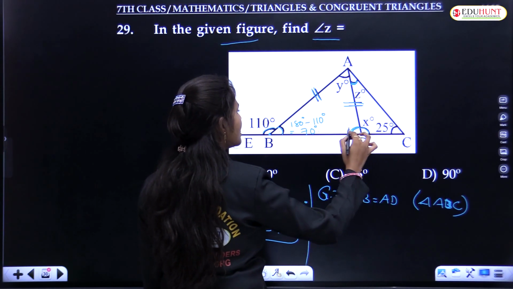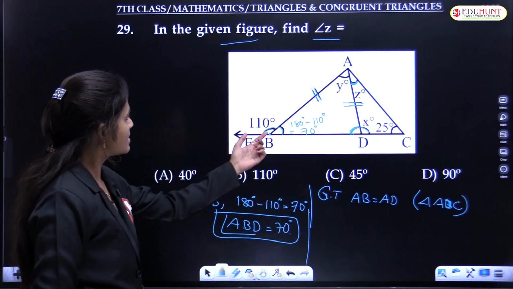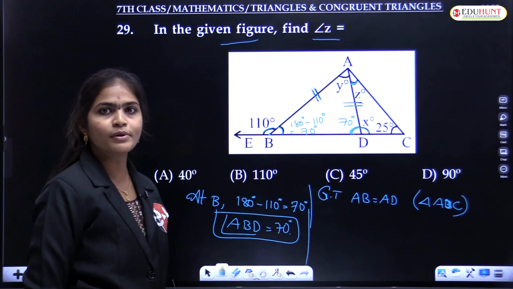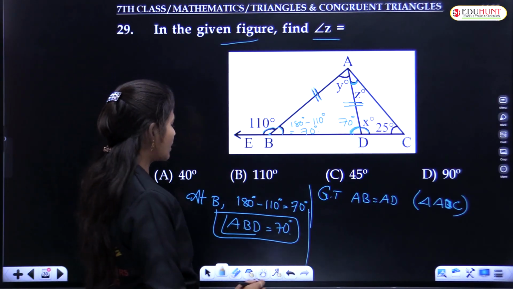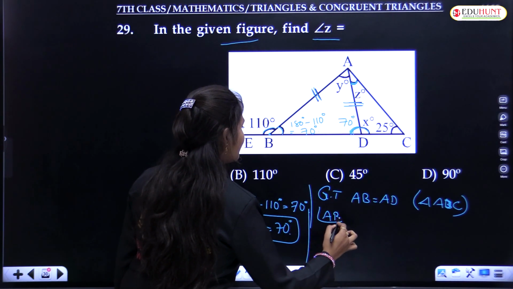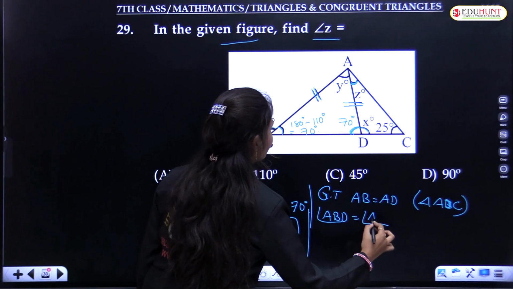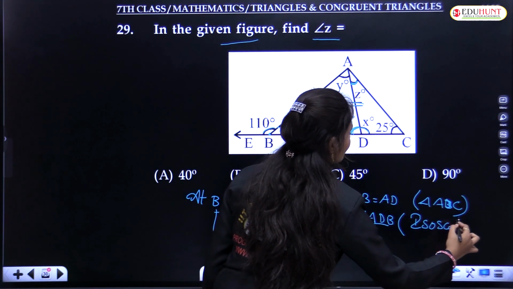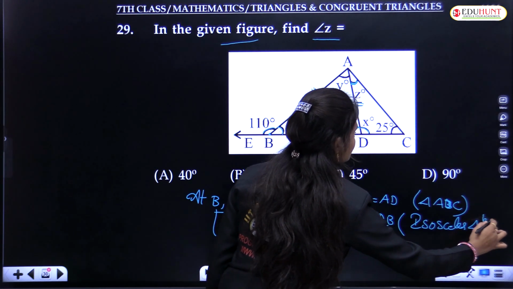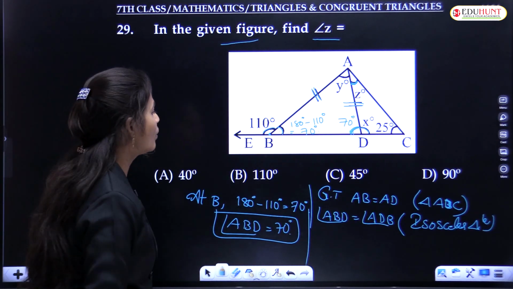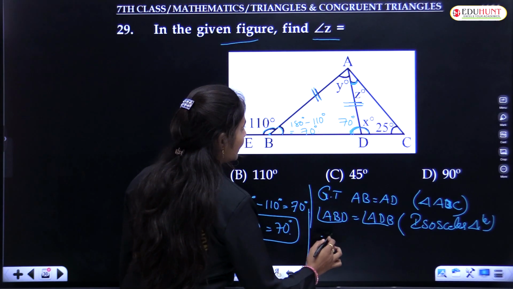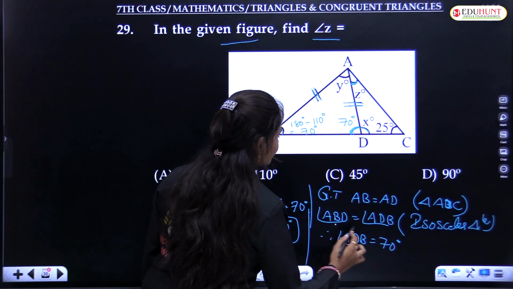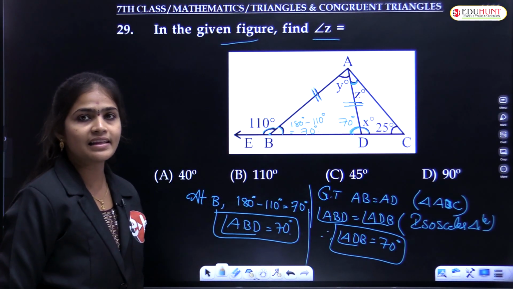We got 70 degrees, so this is also 70 degrees, because those two are base angles. We can write angle ABD is equal to angle ADB, because in an isosceles triangle base angles are equal. We have to apply the isosceles triangle condition here. So angle ADB is equal to 70 degrees.